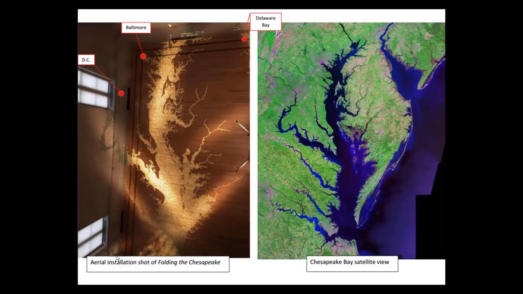For those of you who maybe haven't been to the DC region, the Chesapeake Bay is a major waterway in our area. It's home to over 250 fish species and over 300 migratory bird species. It's the largest estuary in the United States. And it's currently facing several threats, including deforestation, loss of wildlife, poor water quality, and rising sea levels.